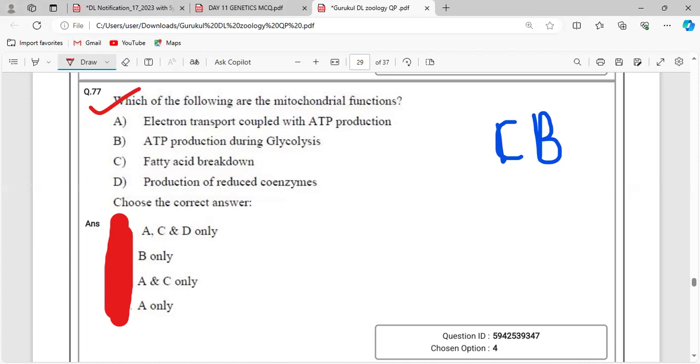See, just remember what the function of mitochondria is. If you know that, you can easily come to an answer. Very good. And ATP production during glycolysis is taking place in which area?